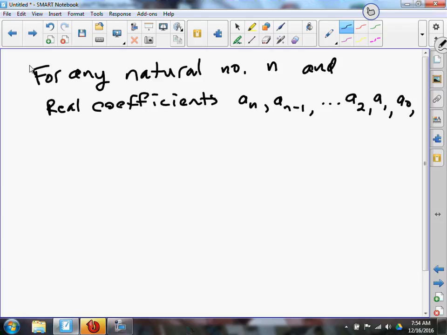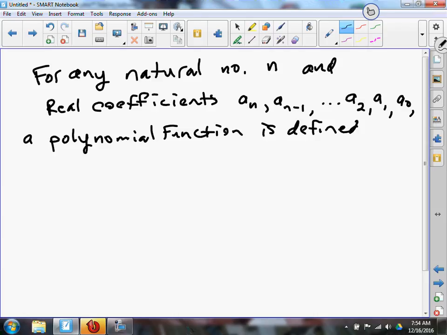So for any natural number n and any real coefficients a sub n minus 1 dot dot dot, a polynomial function is defined the following way. So the first bit of information, it seems kind of scary, and wait till you see the definition, it's going to be even more scary.